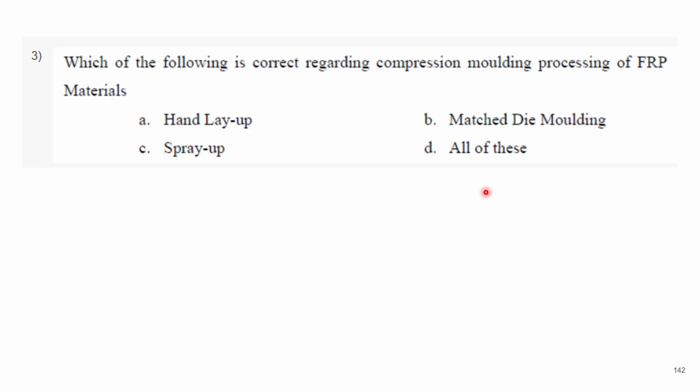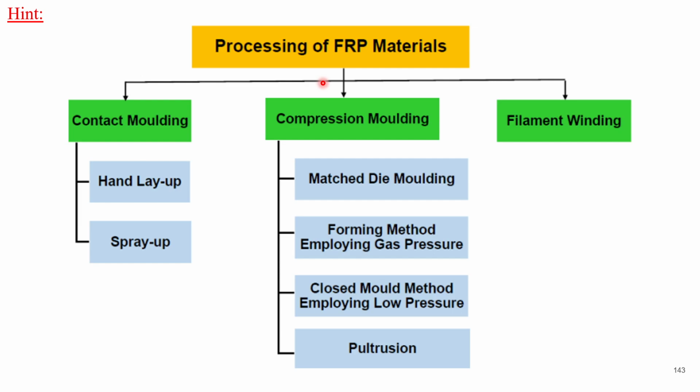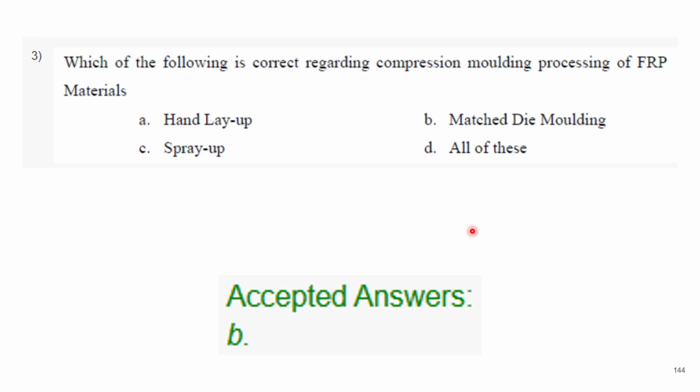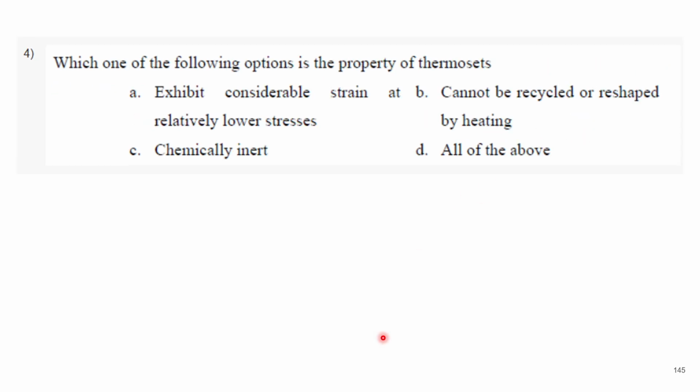Therefore only match die molding is a type of compression molding. So A, C and D are all wrong, only B is the correct option, match die molding. Hand layup and spray up are contact molding types.